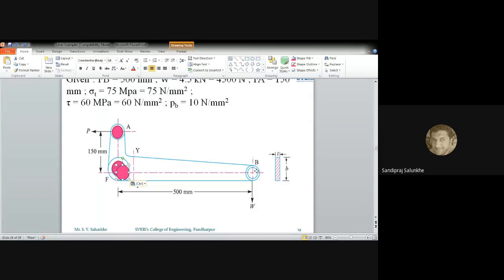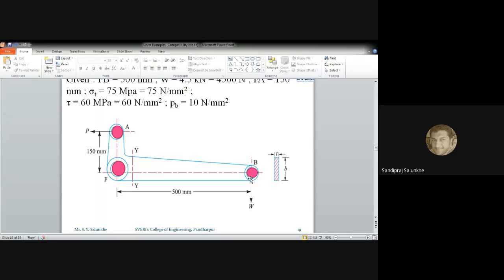All these pins which we have designed are designed for bearing pressure first of all, that is the stress which may get induced because of the bearing pressure generated on that pin, and later on we have checked it for double shear because these pins are undergoing double shear.